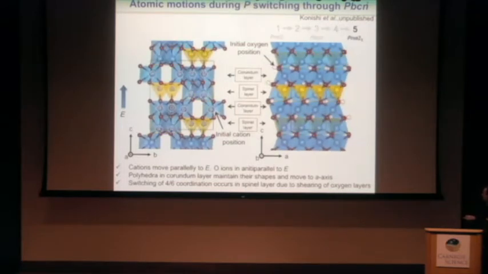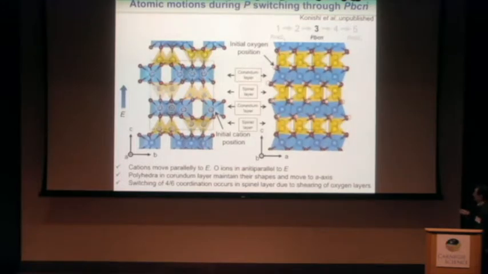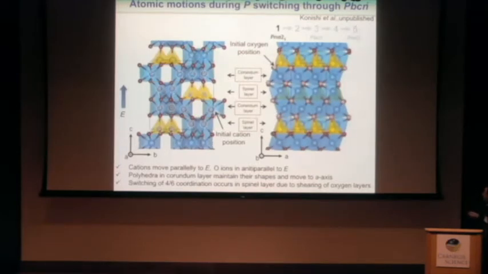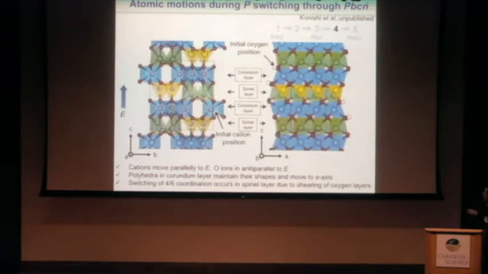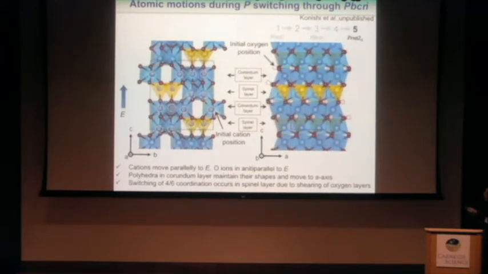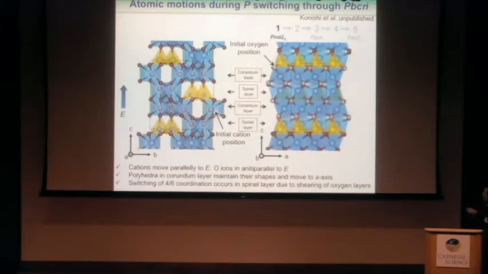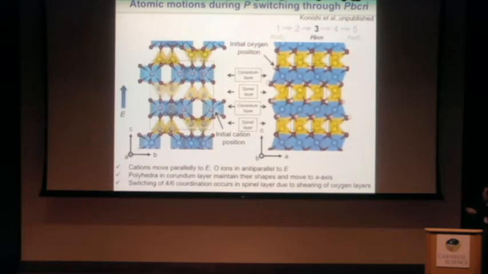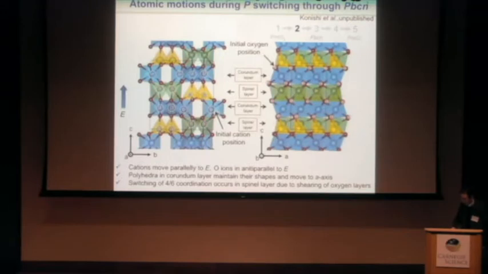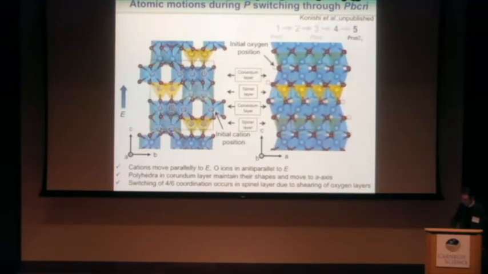And this is the A-axis view. If we look along the B-axis, it is very easy to understand the mechanism. In this model, when the electric field is applied, the corundum layer doesn't change its shape, but they shift each other like this. After the shifting, shearing, the spinel layer changes its coordination from tetrahedra to octahedra, or from octahedra to tetrahedra.